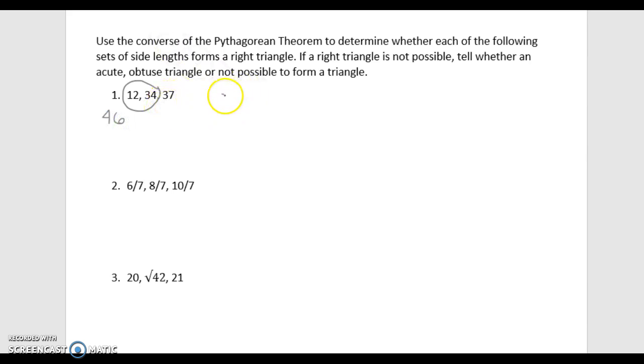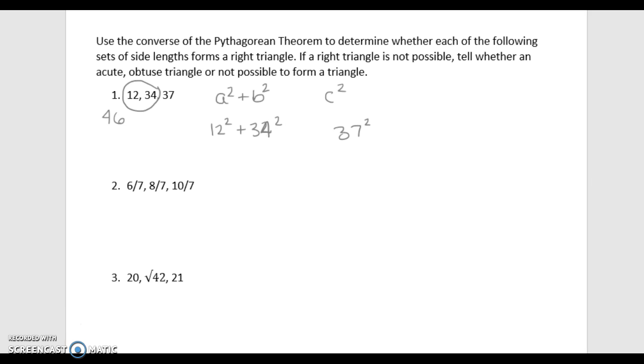Okay? So we're going to try and figure out a squared plus b squared. Is it equal to, greater than, or less than c squared? Okay, so we're going to fill in basically the sign. So we've got 12 squared plus 34 squared, and it's equal to, greater than, or less than 37 squared.